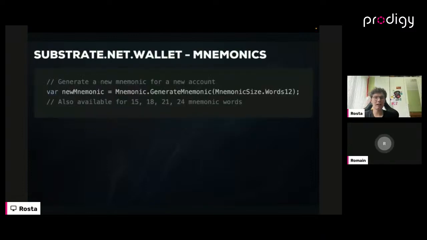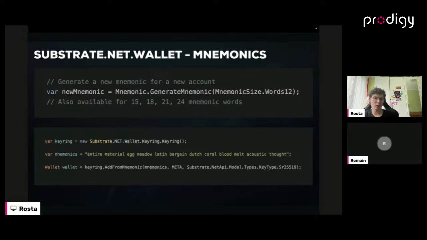Substrate.Net.Wallet. As you can imagine, it's a very simple tool that will allow you to generate new mnemonic phrases, and you can also import your existing mnemonic phrases and turn them into an account. So you can create a new account or use an existing account.